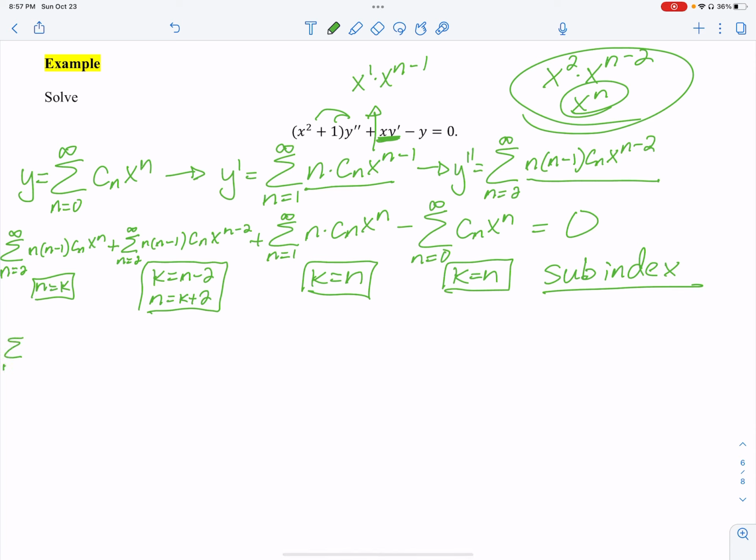So the summation of k equals 2 to infinity of k times (k-1) c_k x^k, plus, okay, so we have the summation now. n is 2, so my formula says to subtract 2 to get k, so that's k equals 0 to infinity. I replace n with k plus 2. k plus 2 minus 1 is k plus 1. Then I have c_(k+2), and then x^k, that was our goal. The third one, nothing changes. These last two, we just change them to k's. So I'm just going to write that.